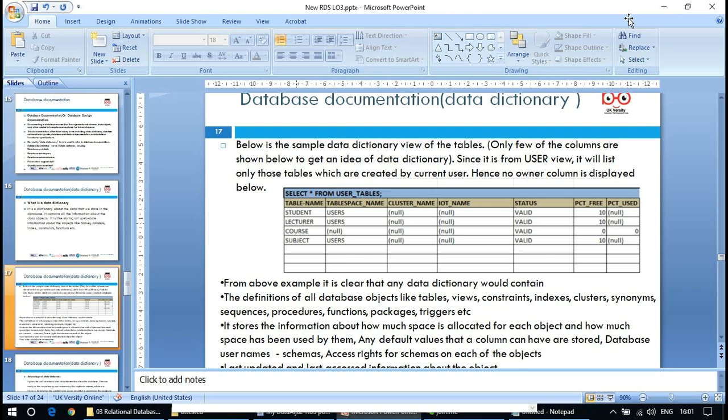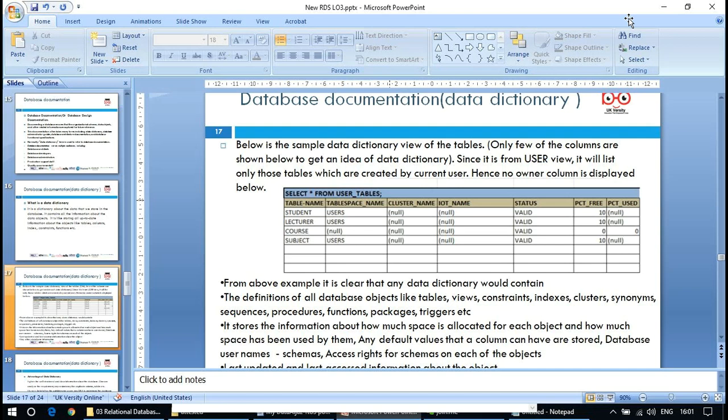So basically this command gives you the data dictionary: select asterisk from users table. So this is the data dictionary. Are you clear, in simple words, what the data dictionary is?